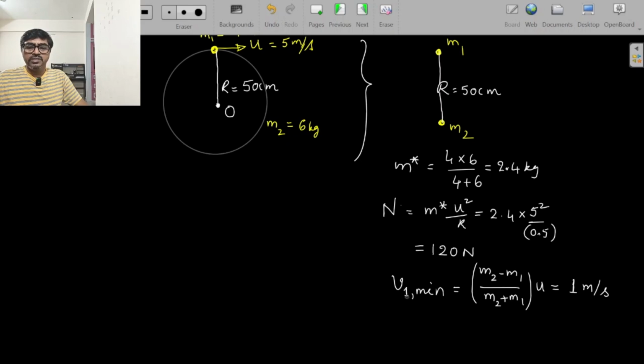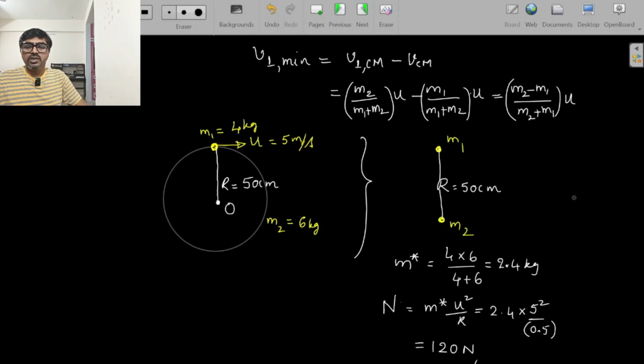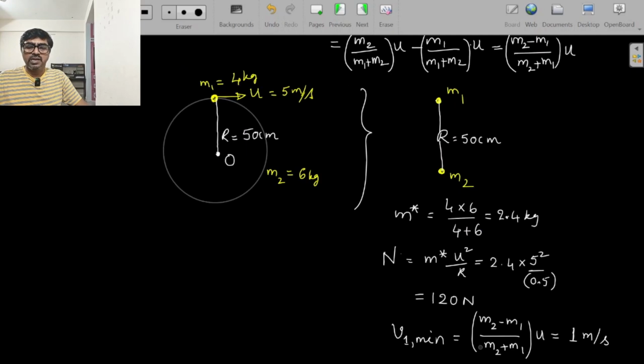N is obtained there. Now V1 minimum would be how much? You can calculate by using this m2 minus m1 upon m2 plus m1 times u. So that also you can calculate. Just substitute 10 minus... 6 minus 4 by 10. So that's going to be 2 into 5, right, divided by 10. So 1 meter per second will be the velocity there.